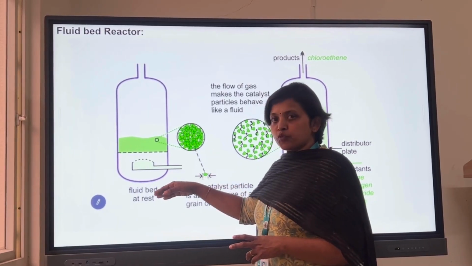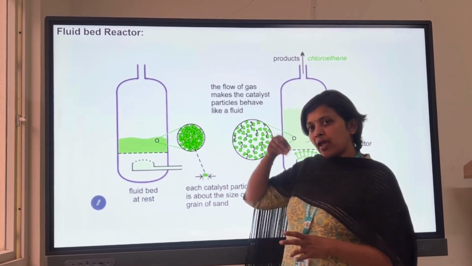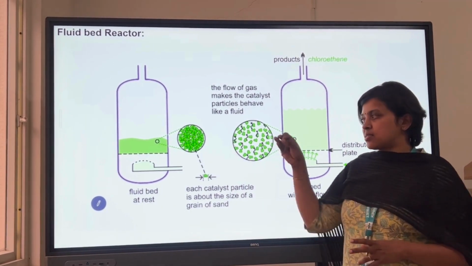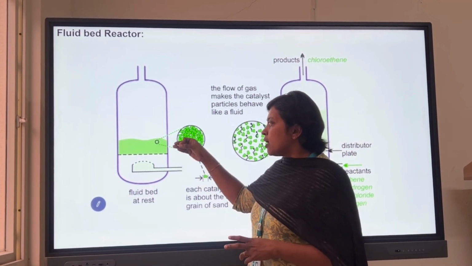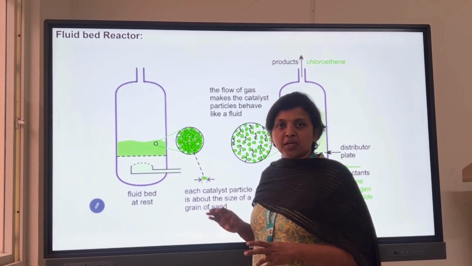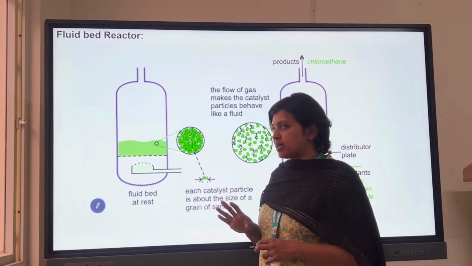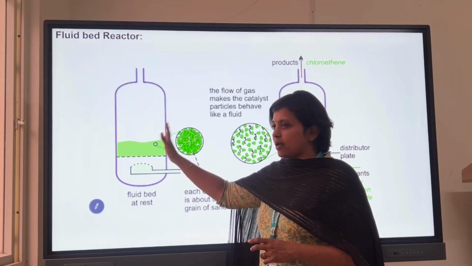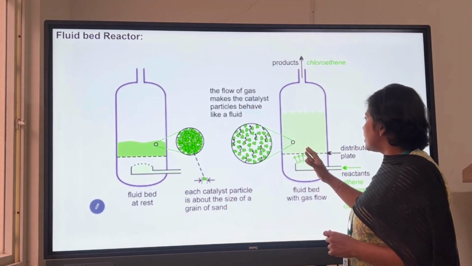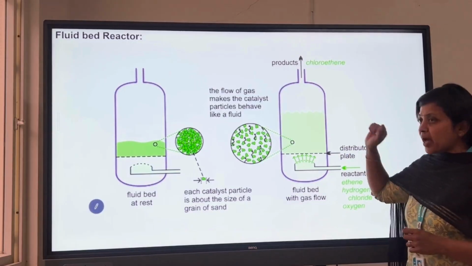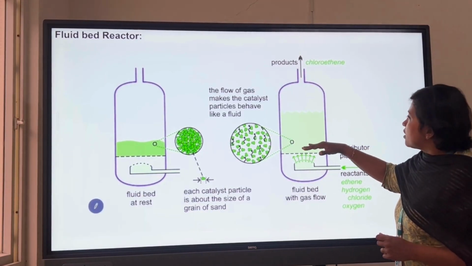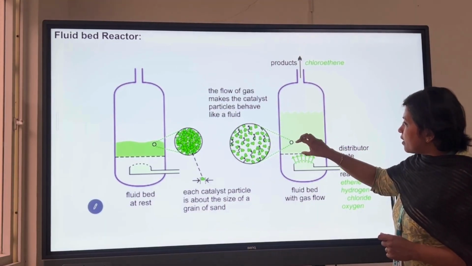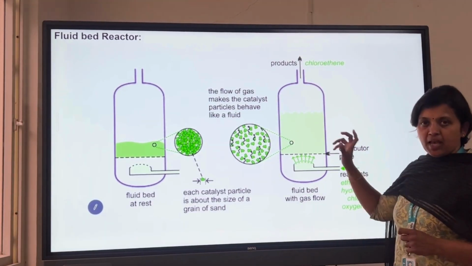Whatever velocity this air or liquid has, it tries to pull that solid material also after a particular time. Even though it is stable at the starting level, after a particular time this packing material increases in height. By increasing the height, n number of gaps will form, right?